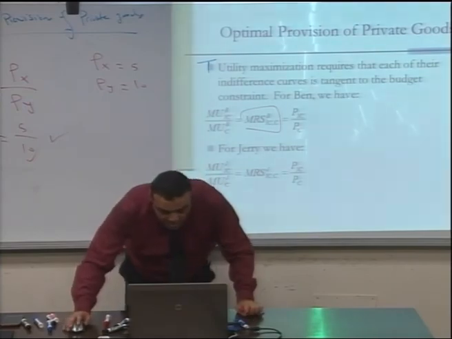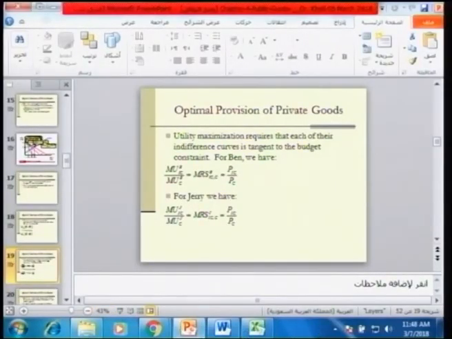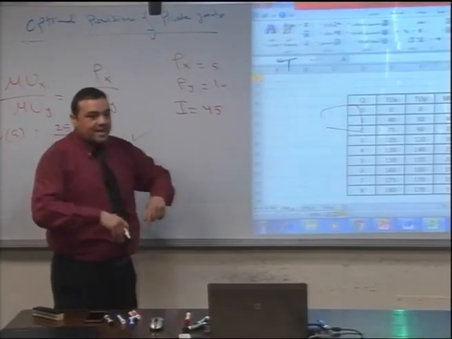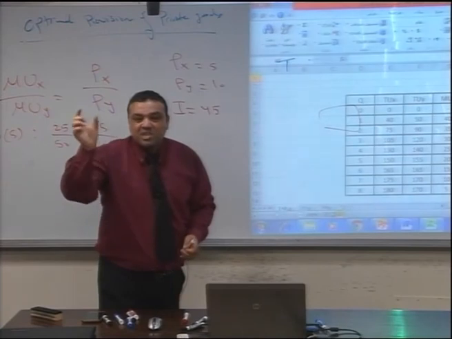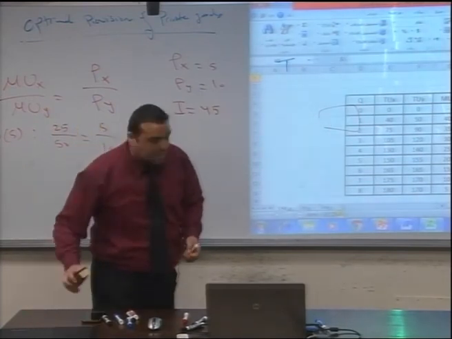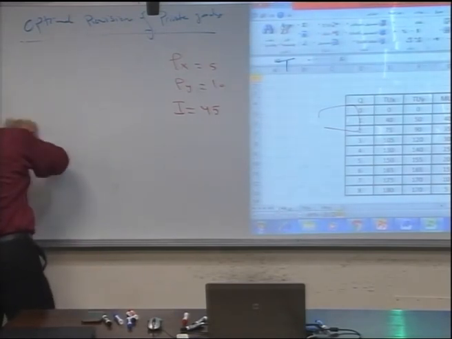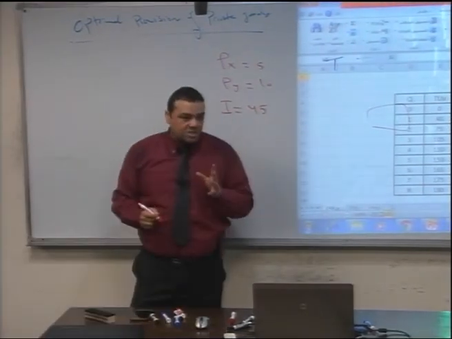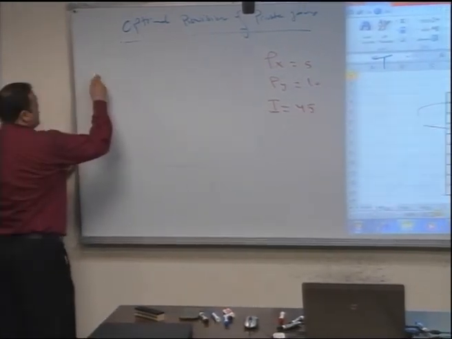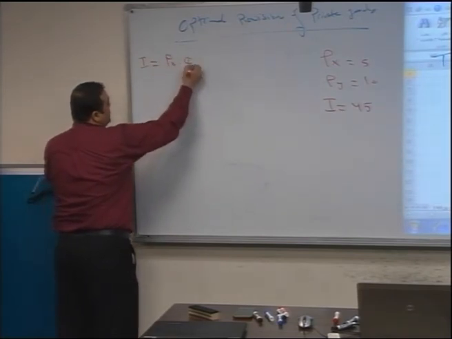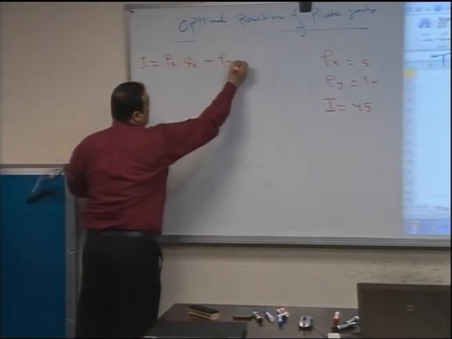The second order condition, I will come back quickly here to the table. When income equals 45, we will apply the second order condition to determine the optimal point or the optimal provision for the private goods here. As we mentioned, the second order condition: I equals price of X times QX plus the price of Y times QY.